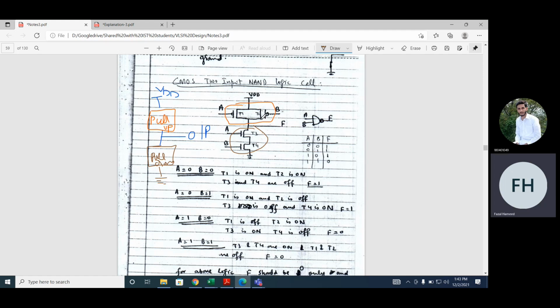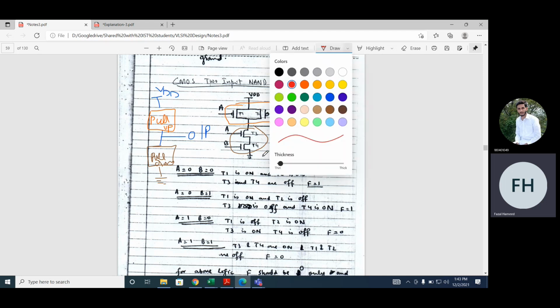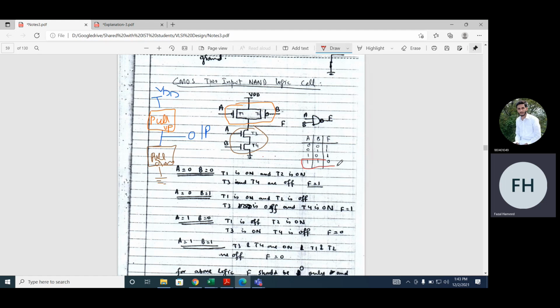So this covers the last combination. T3 and T4 will both be on only when A and B are 1. In any of the remaining combinations, like 0 1, either T3 is off or T4 is off. So when T3 or T4 is off, the output will be disconnected from the ground.